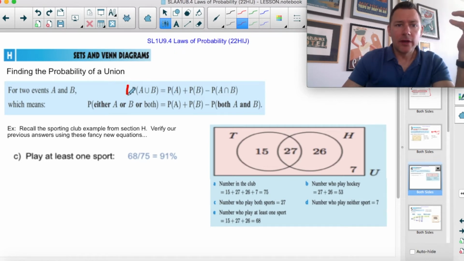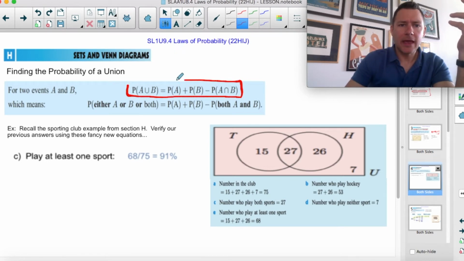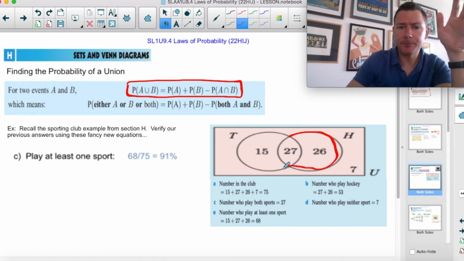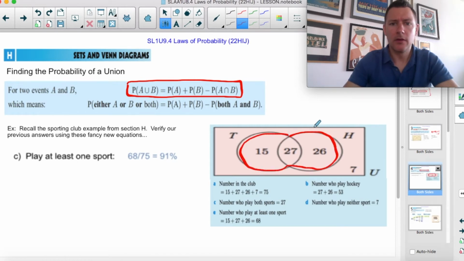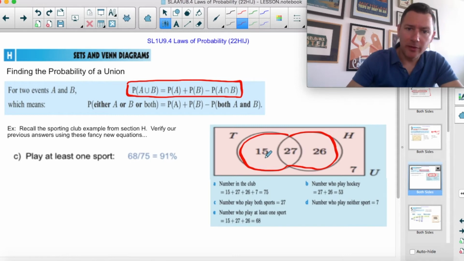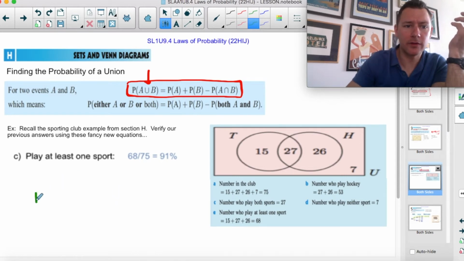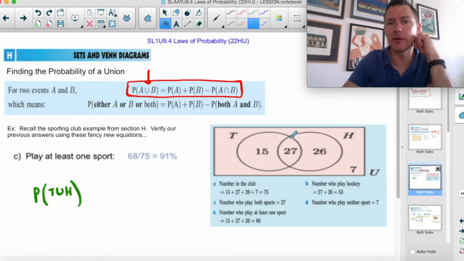Another one that they write down is this, and I think it makes sense because if you want the union of two things happening, the union is the probability of tennis or hockey or both. I want the probability of tennis or hockey for this same situation we used in the last video.